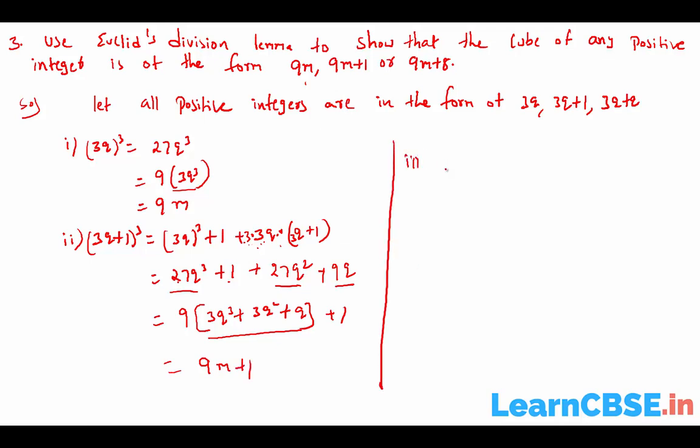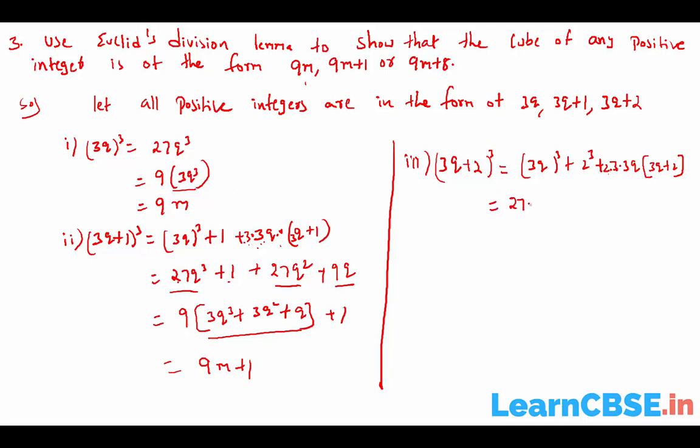Last one, (3q plus 2) whole cube. Again a cube plus b cube plus 3 into ab into (a plus b), so 3 into 3q into 2 into (3q plus 2).